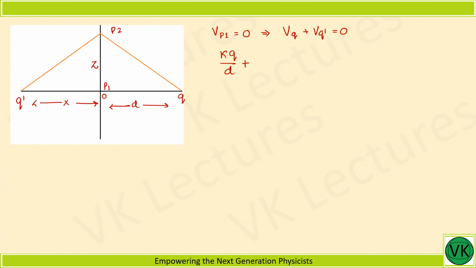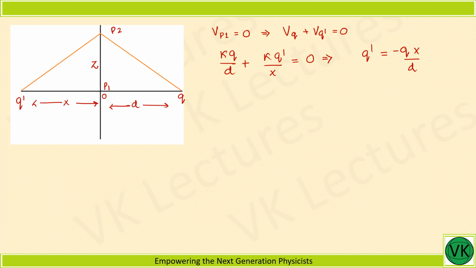So potential due to Q is KQ by D, and potential due to Q dash is KQ dash by X equal to 0. Now this implies that Q dash is equal to Qx by D with a minus sign. So when you take it to the other side, it becomes minus. So minus Qx by D.